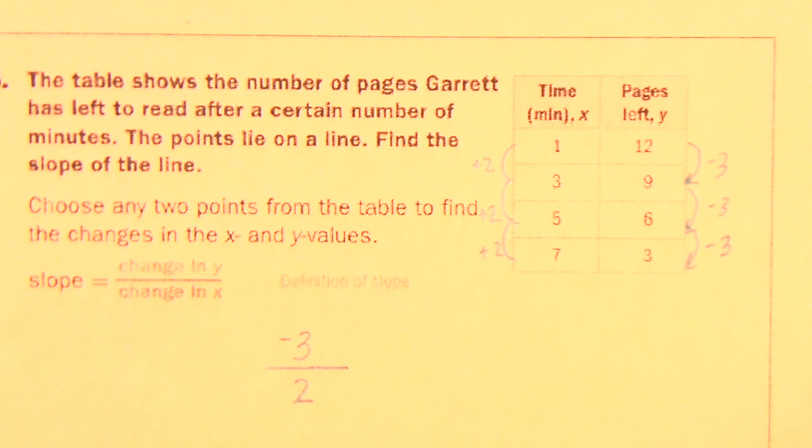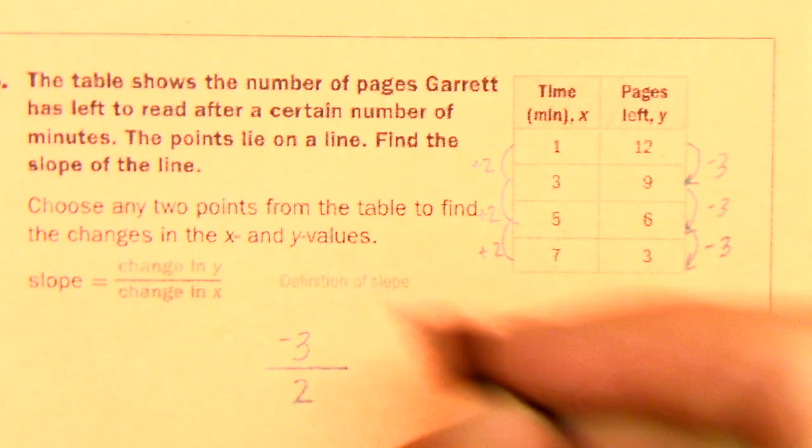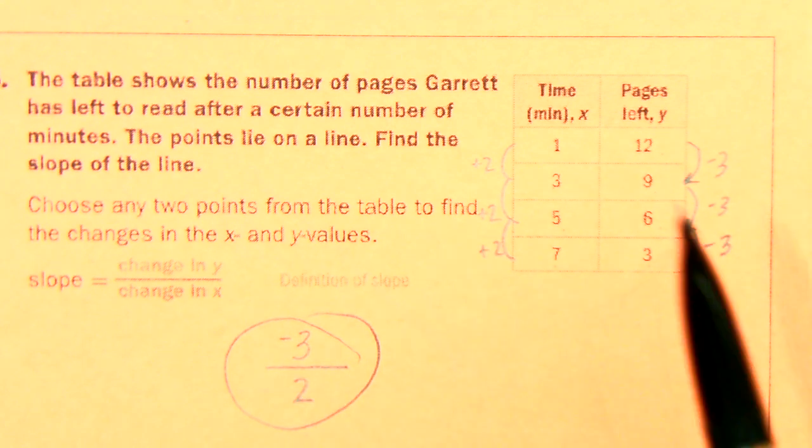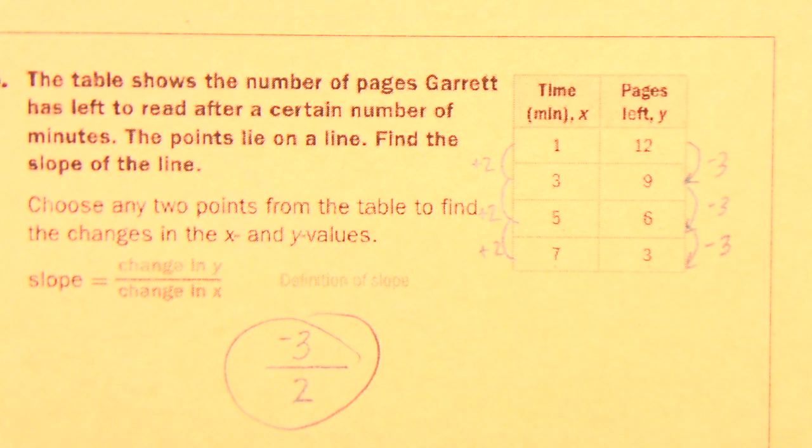So our rate of change is -3 over 2. That is our slope if we were to graph that line. What that really means for this situation is that every 2 minutes that goes by, he's reading 3 pages, because it's going down 3 pages for every 2 minutes of reading. Pretty good reader if you ask me.